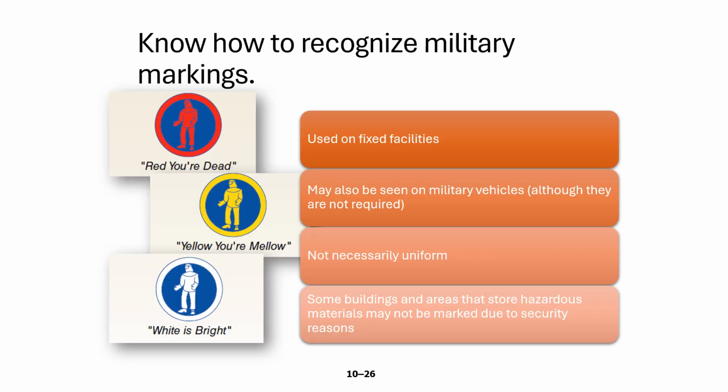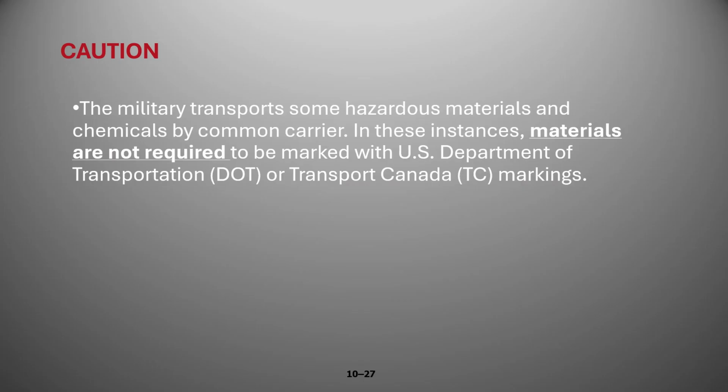We already talked about military markings, but this is what you might see. The military has a lot of latitude to pretty much do whatever they want, but you might see markings like this if you have a military installation in your jurisdiction. I think we already talked about this, but I just want to go over it again.